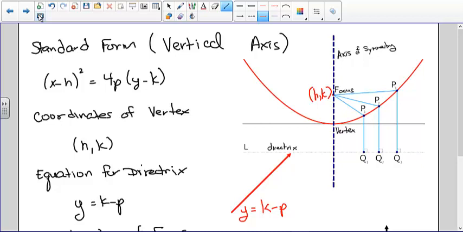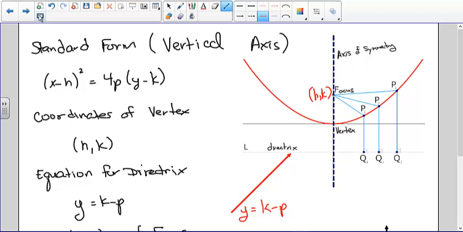The equation of the directrix is a horizontal line, y equals k, the y coordinate of the vertex, minus p. P is the distance from the vertex down to the directrix, and also the distance to the focus.